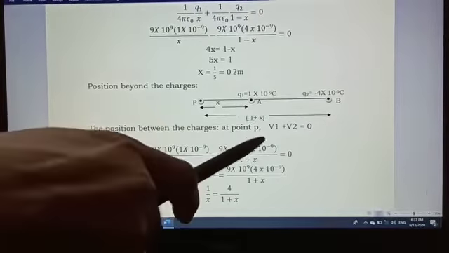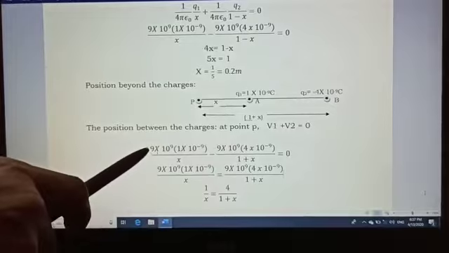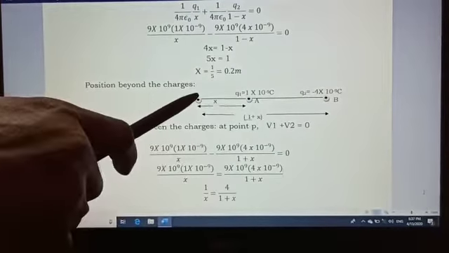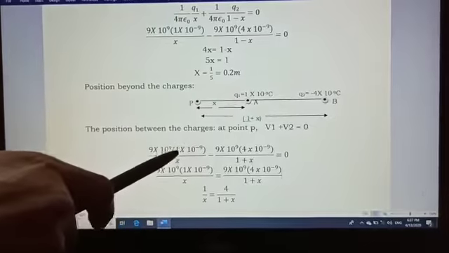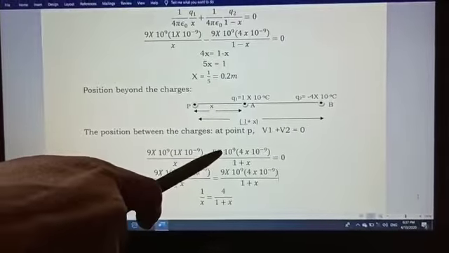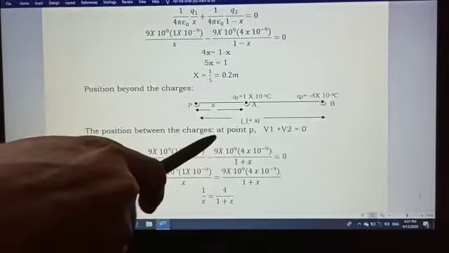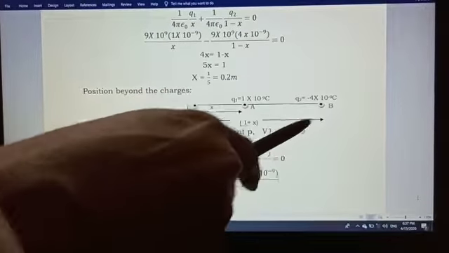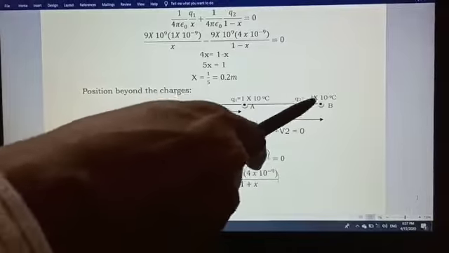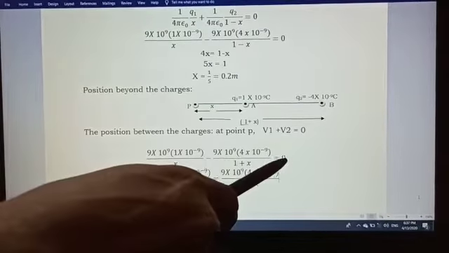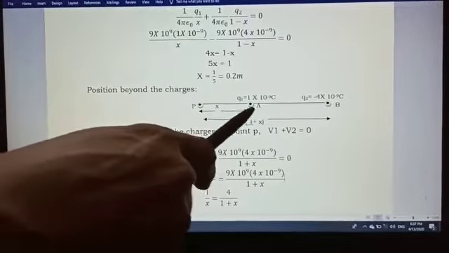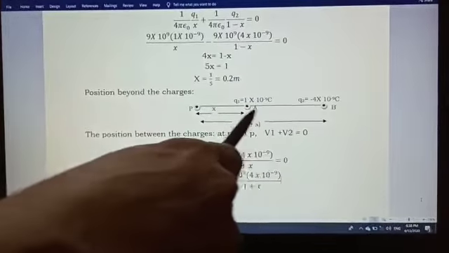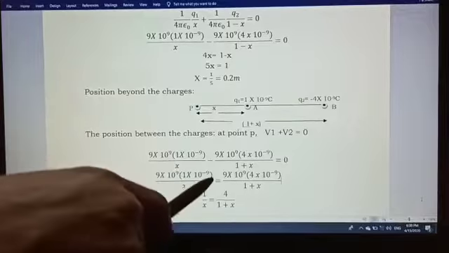Now I will substitute V1: 9 into 10 to the power of 9, that is 1 over 4 pi epsilon naught, times 1 into 10 to the power of minus 9, the charge, over x. Minus 9 into 10 to the power of 9 times 4 into 10 to the power of minus 9, over 1 plus x, is equal to 0. x is the distance from here to here, and 1 plus x is the complete distance. Now let us simplify this one.